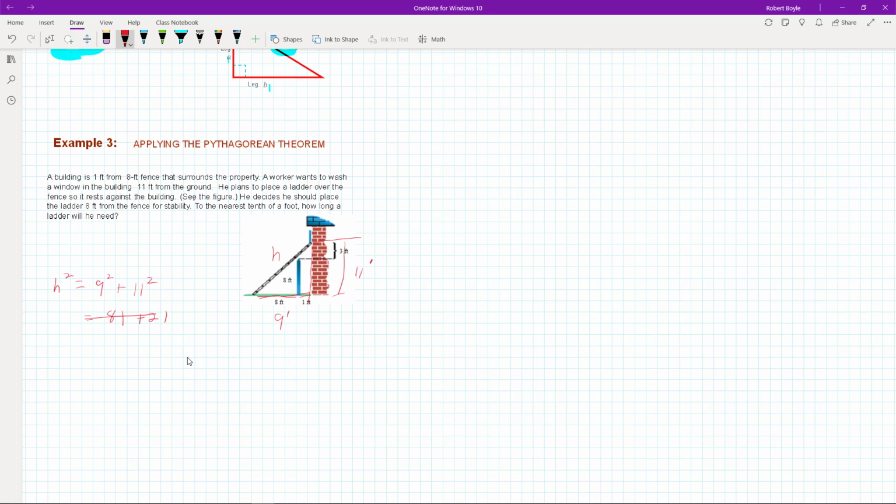Let's try this again. 9 squared is 81 plus 11 squared, which is 121. There we go. And if you sum those together, you are going to get 202.